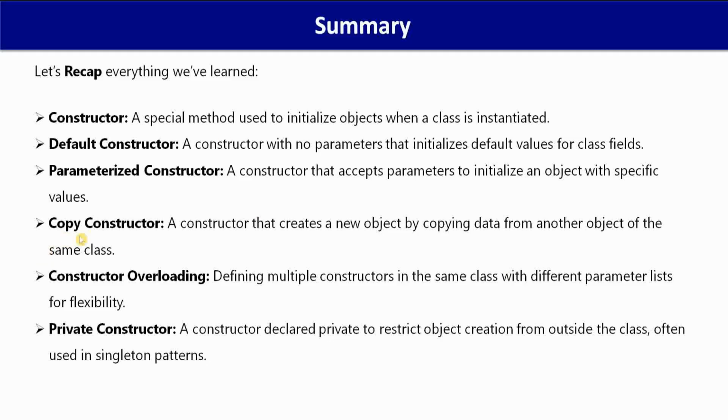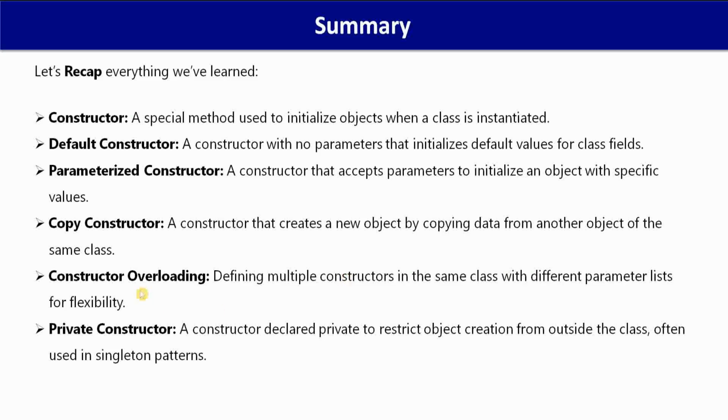Next we have the copy constructor, a constructor that creates a new object by copying data from another object of the same class. So the copy constructor is where we create a new object, but we do not provide any value to that second object. We directly copy the first object's values. So we do not provide any value, we use the first object's values.